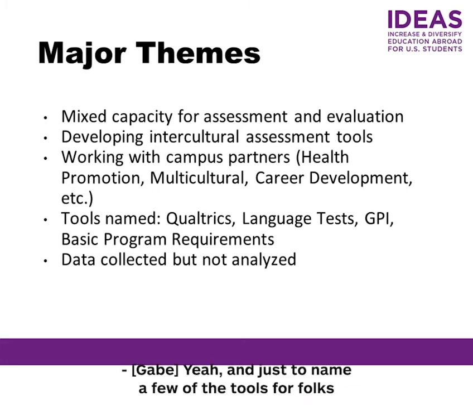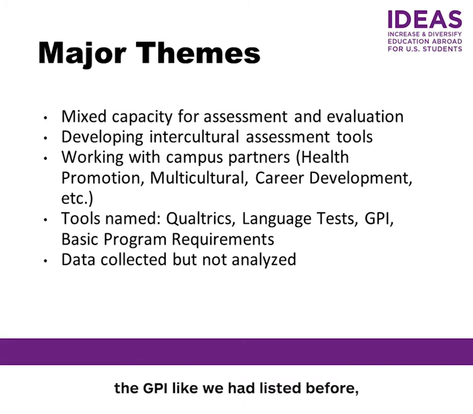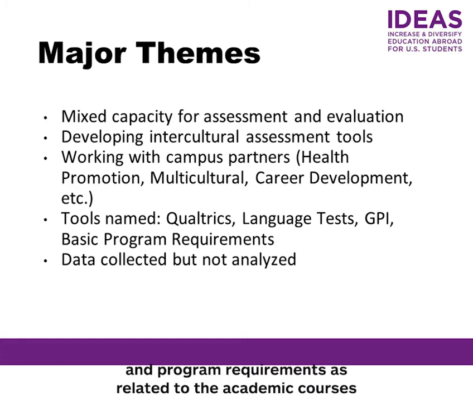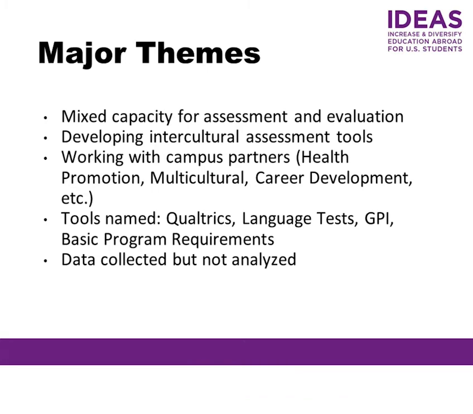And just to name a few of the tools for folks who are looking for ones to utilize on your own campuses, some of the ones that we saw, Qualtrics was named, some folks named language proficiency tests, the GPI like we had listed before, and program requirements as related to the academic courses or institutions that students were moving through. So I think that takes us as a nice segue into our next chunk. I'll move us on.